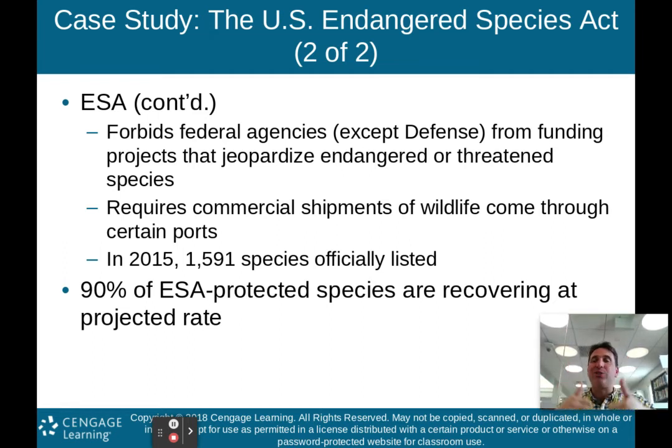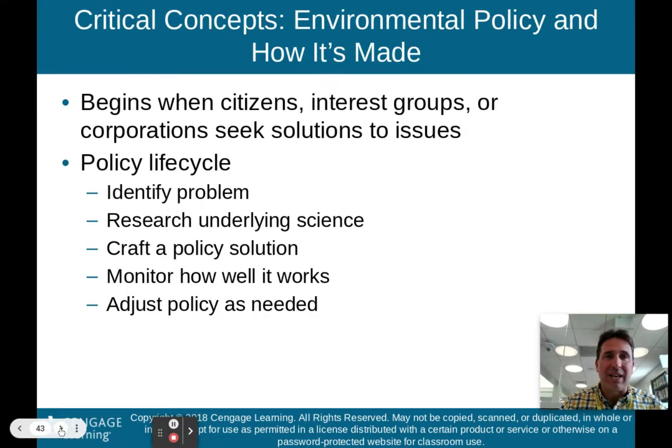So that's good news, and we need to see more of that. It just shows you that it does work. Okay, these acts, these treaties, these conventions do work if we have a way to monitor them and if we have a way to enforce them like we do with the U.S. Endangered Species Act.